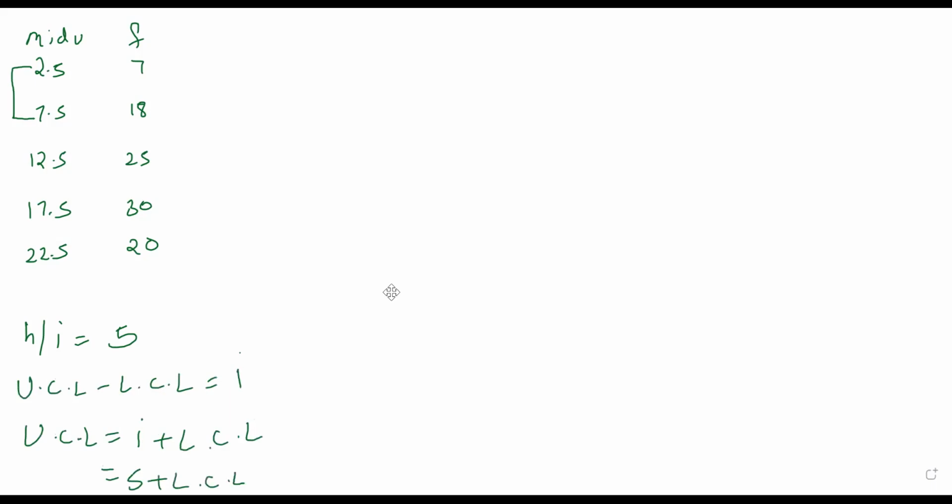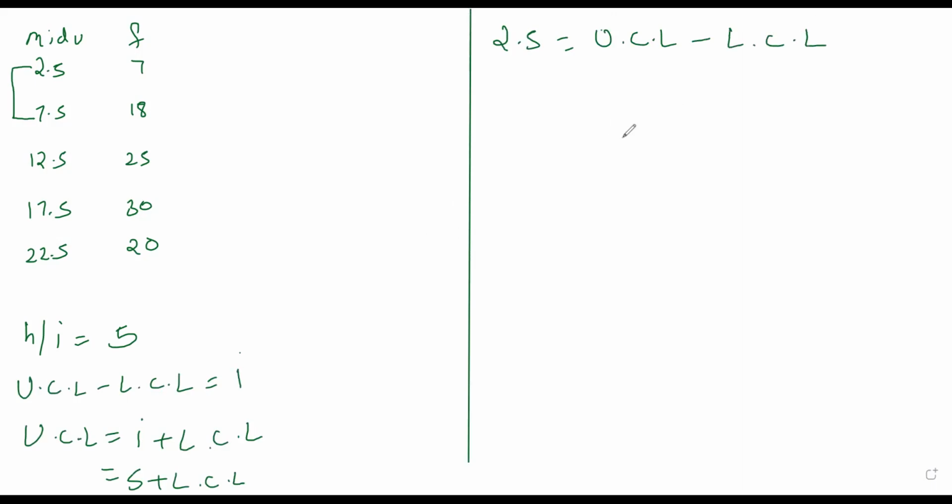So we know that the class interval is upper class limit minus lower class limit, and the upper class limit is 5 plus lower class limit.